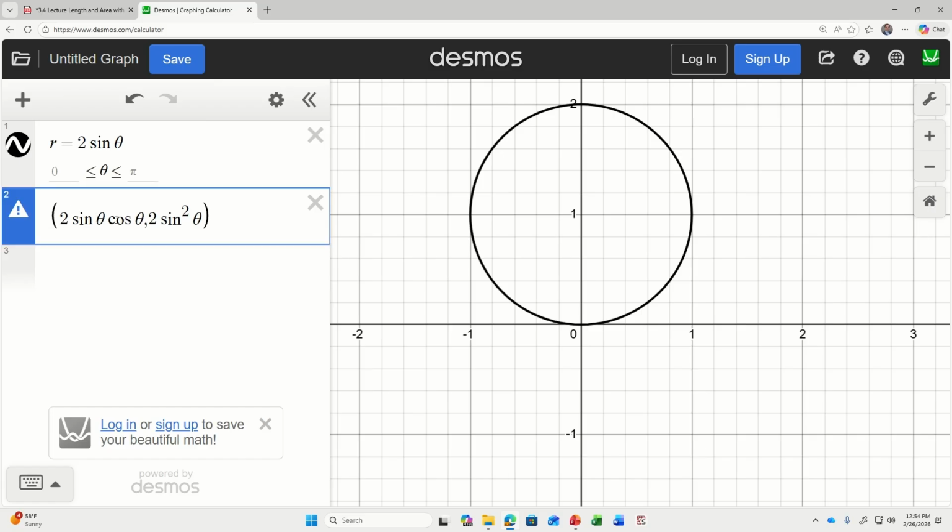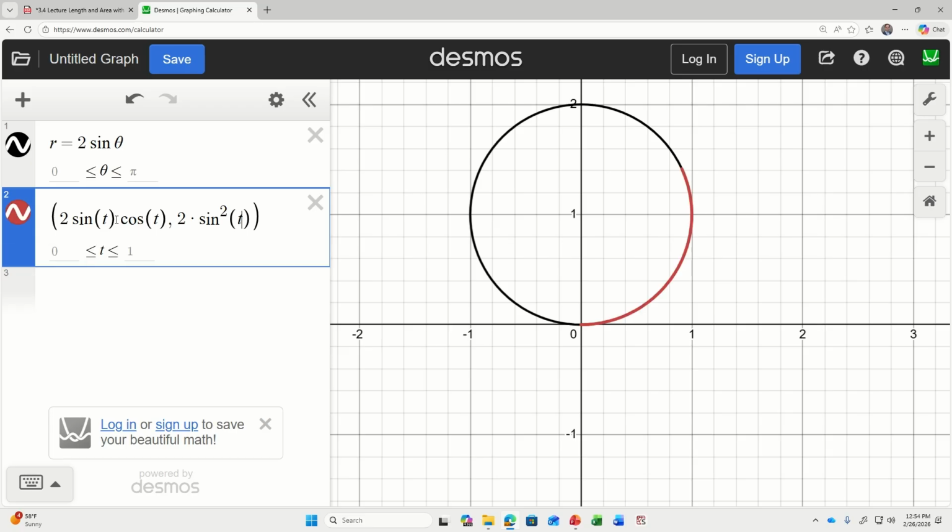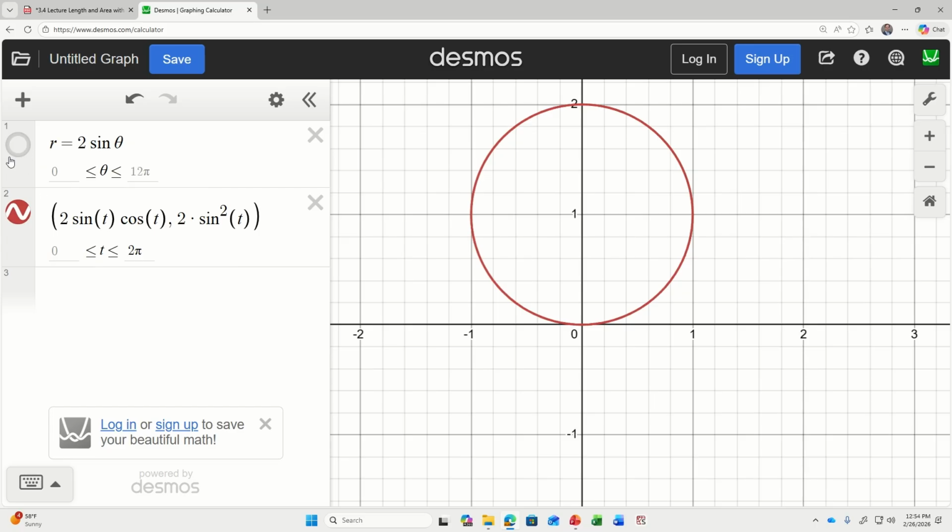I need parentheses around my argument. Oh, it's because they're thetas. I need them to be t's so that Desmos will graph my parametric curve. And there we go. If I let t go up to 2 pi, I'm sure it'll work. Yeah, cool. So same circle, correct answer.